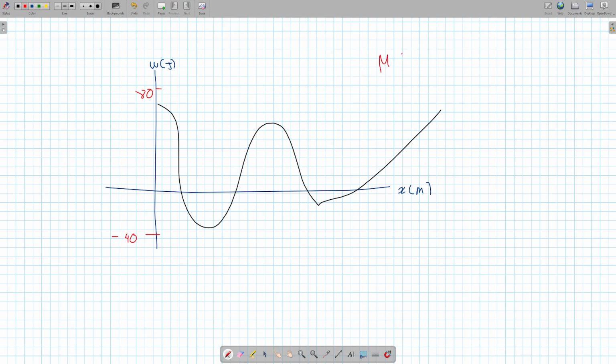Let's say I told you that the mechanical energy is equal to 40 joules. Here is what you do, and pay attention very carefully. You go to 40 on your graph, which is over here, and you draw a line like this. Okay, here is U, right? This is U.